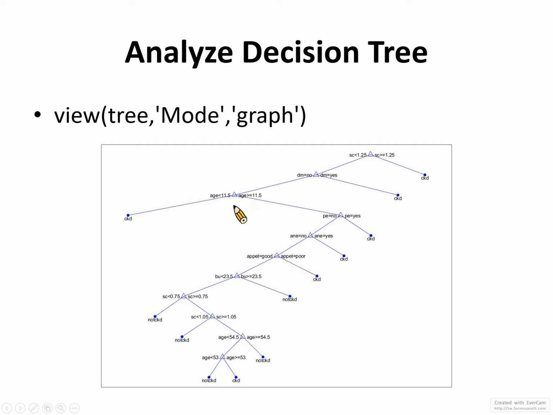Also, interestingly, at the third node here, we need to look at the age. If the patient has no diabetes, but the patient's age is younger than 11.5 years old, then it's classified as CKD.